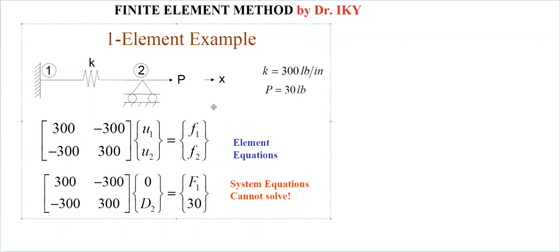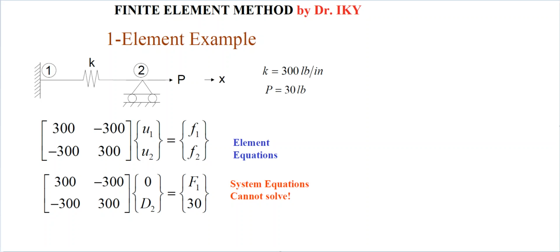We have given this to you. We have a stiffness of the spring of 300 pounds per inch, and we have a load of 30 pounds for the force, and one axial load on a one element.